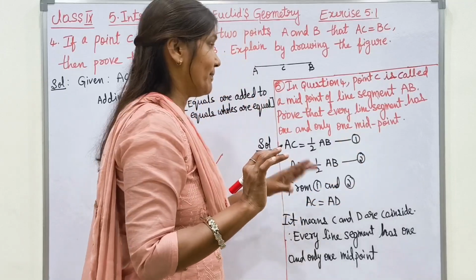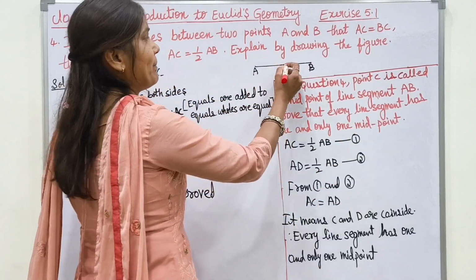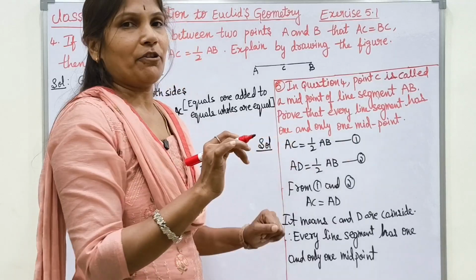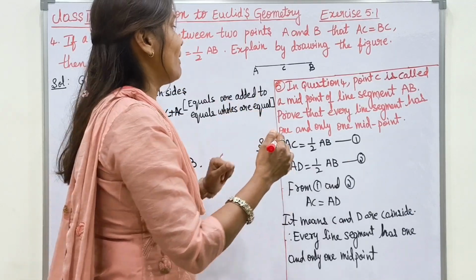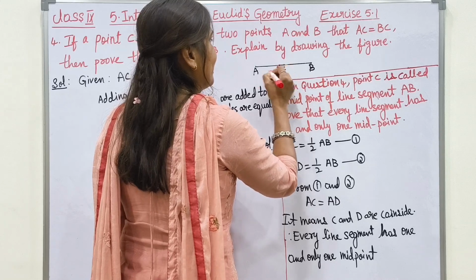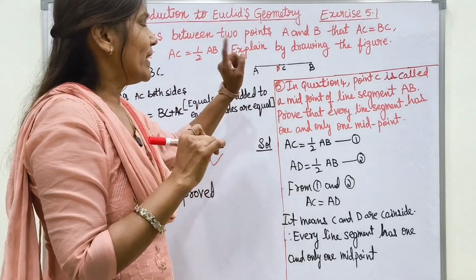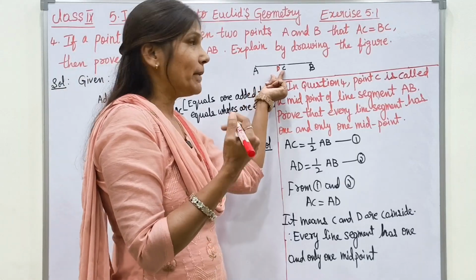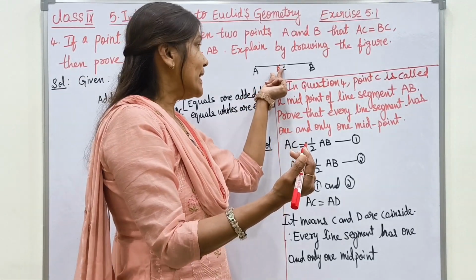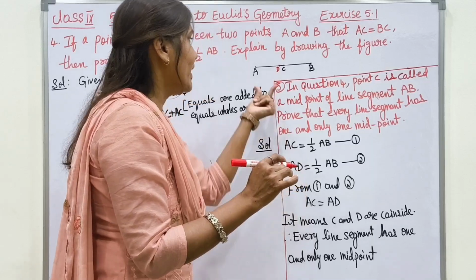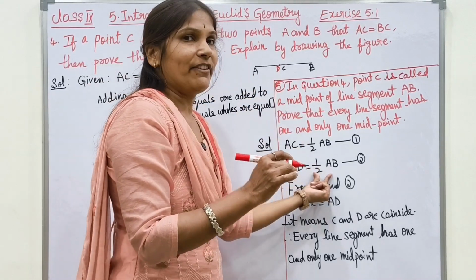You write this as the first equation. Next, we have to prove one and only one midpoint, so I am taking one more extra midpoint, that is D. One more midpoint I am taking means D is the midpoint of AB. So now I am writing here D is the midpoint of AB.